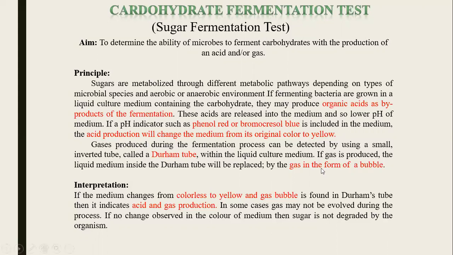In the Durham's tube, if gas bubbles are observed, that indicates a positive test. So the test organisms which change the color to yellow and produce gas bubbles in Durham's tube are positive organisms. If there is no change in the color of the medium, then that is a negative organism.